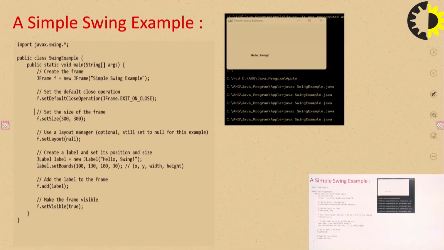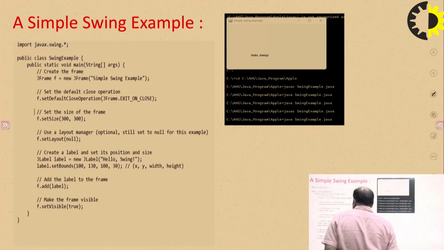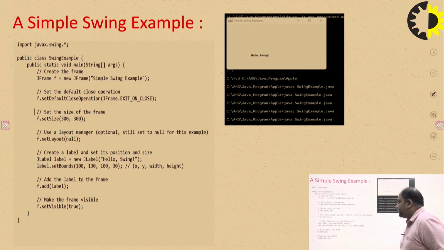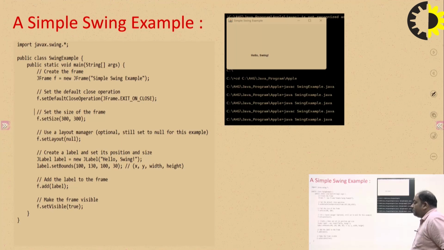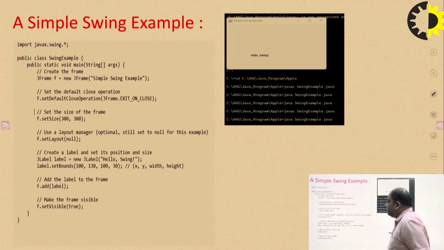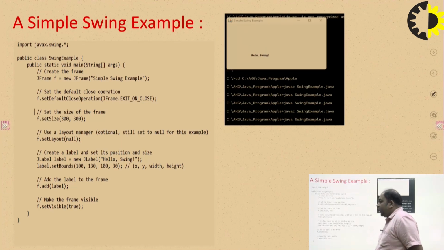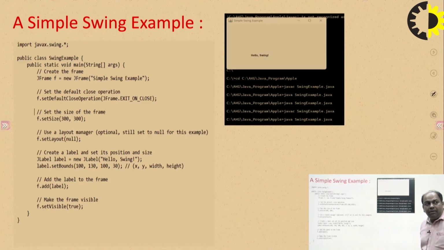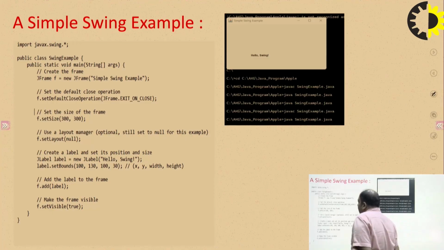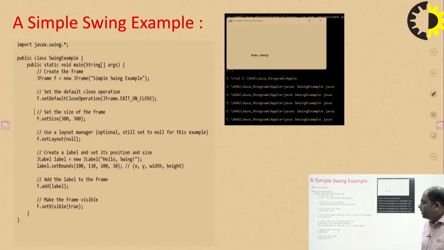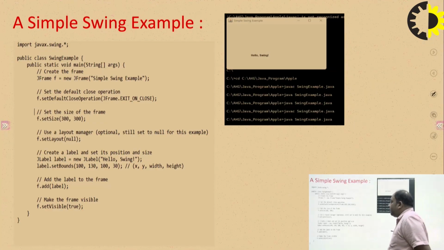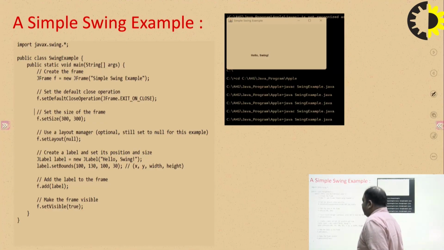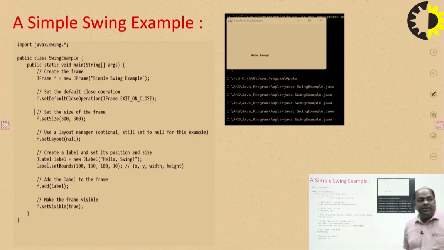First we import javax.swing.*, the package for enabling Swing programming. Then we write public class SwingExample, public static void main String args, same as in Java. Then we create a frame using JFrame, and the frame name is F.